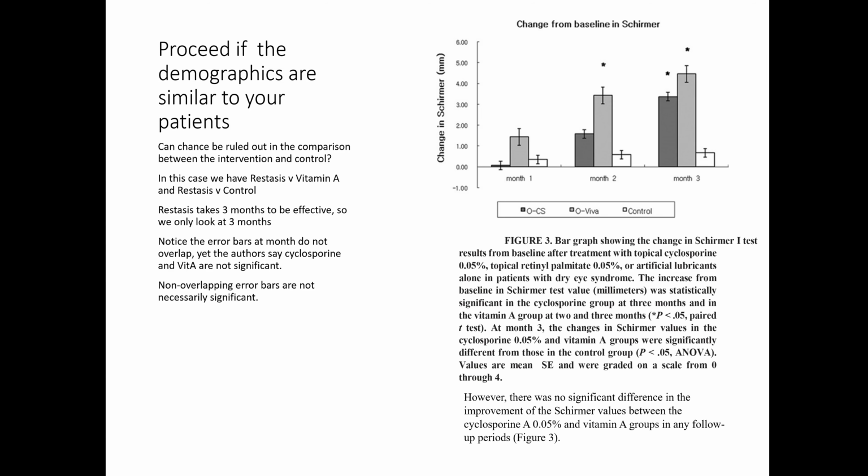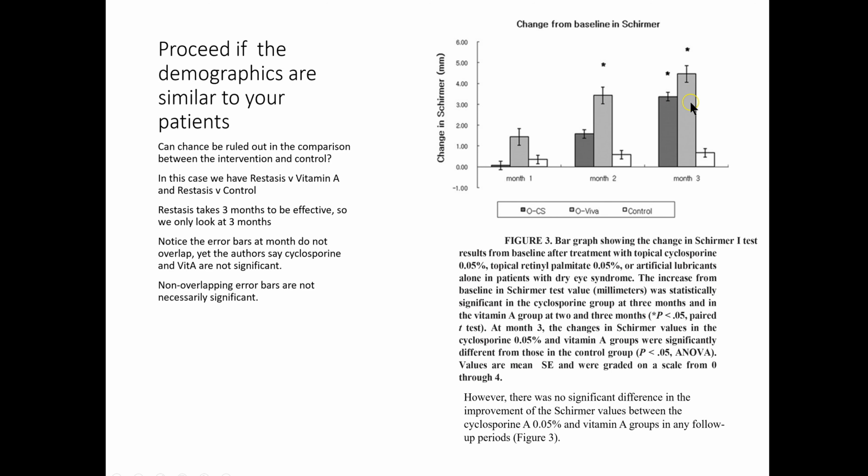They do a test where they ask, is there a difference between, well, first of all, let me point out, these are changes from baseline. They're not the actual means, but they look to see if there are changes.